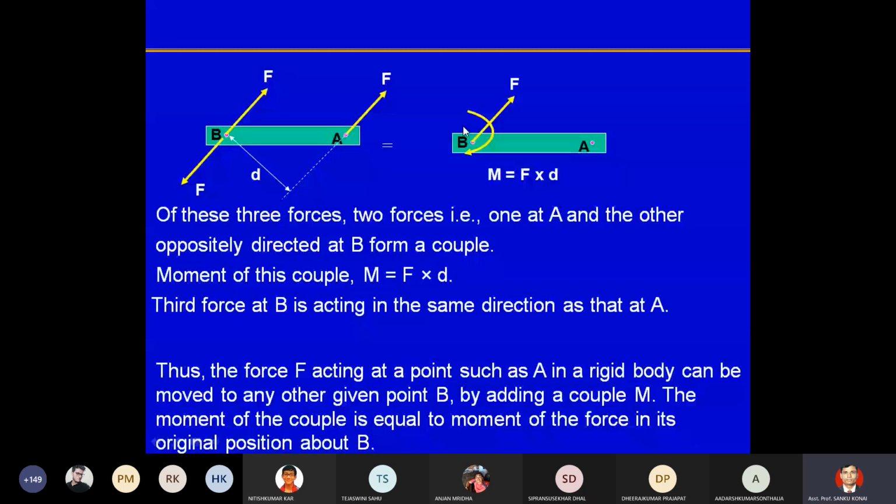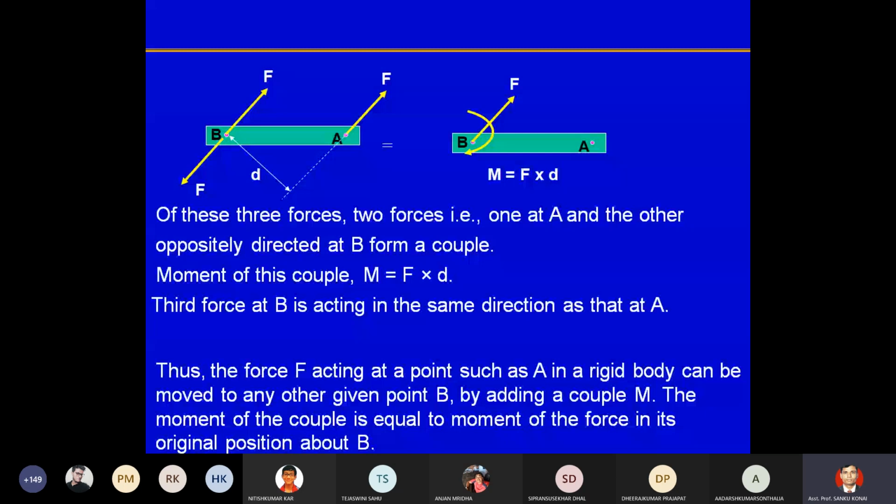So if we want to shift a force from point A to point B, then you can shift that force, but you will be adding a moment at that particular point. Of these three forces, two forces, one at A and the other oppositely directed at B, form a couple.